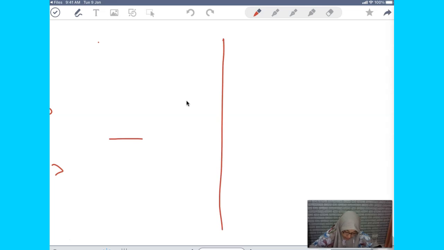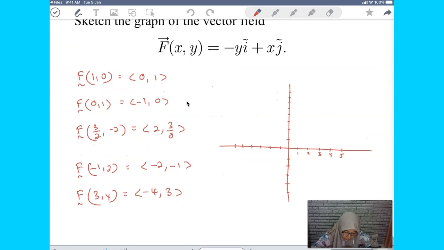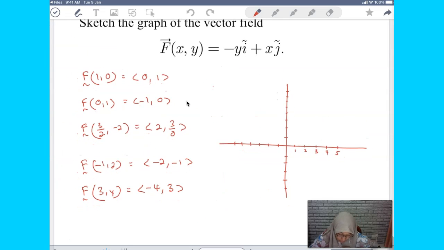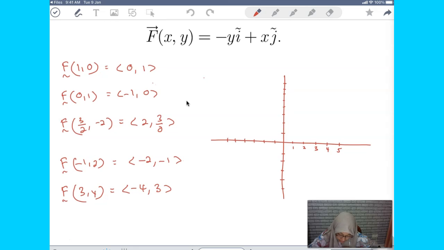Okay, so let's say 1, 2, 3, 4, 5. 1, 2, 3, 4, 5. Okay, so now add 1, 0. So x is 1, y is 0. So your point is here.